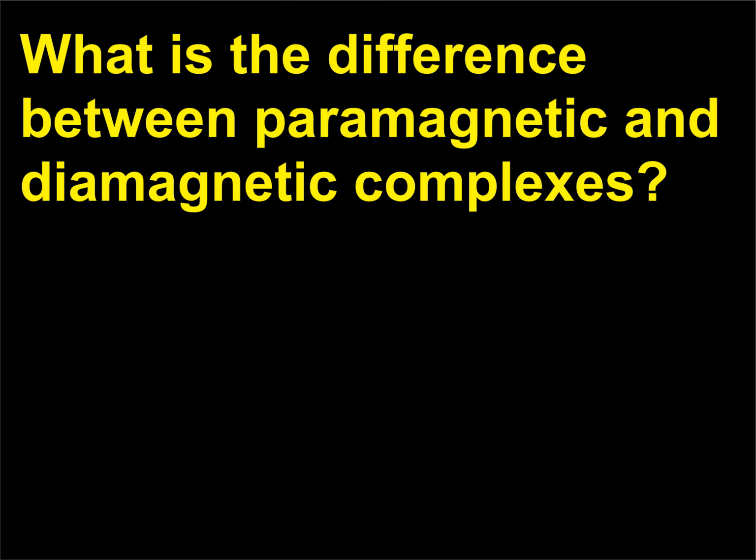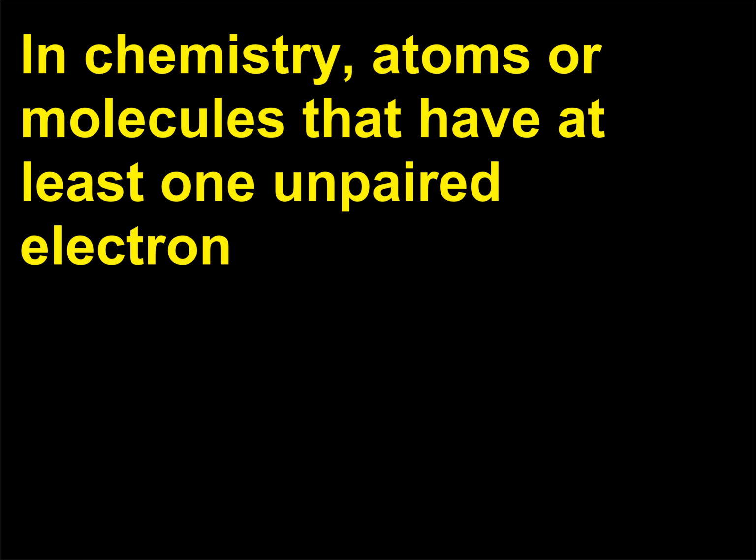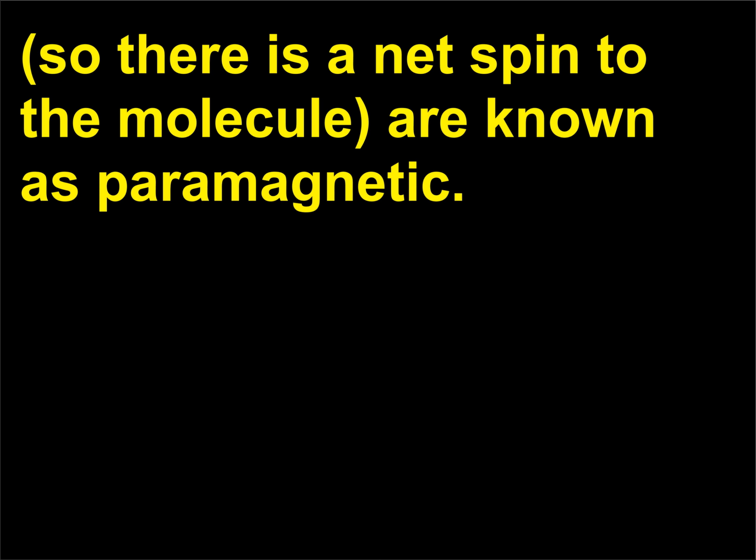What is the difference between paramagnetic and diamagnetic complexes? In chemistry, atoms or molecules that have at least one unpaired electron, so there is a net spin to the molecule, are known as paramagnetic.